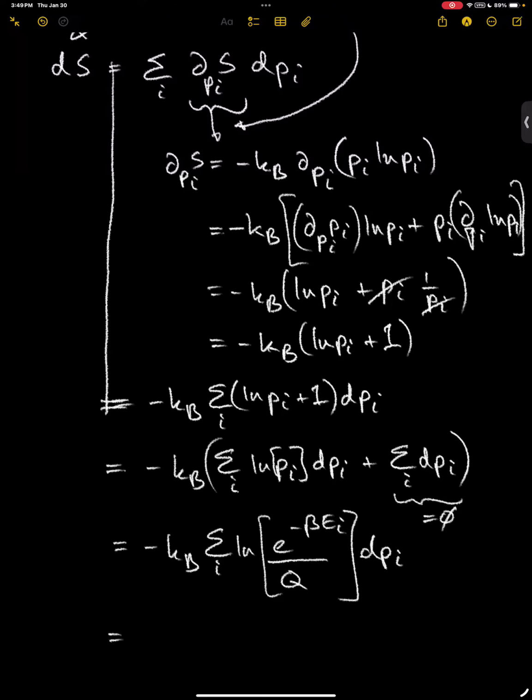Now again, I can use my logarithm rules. So I have minus beta Ej here, the logarithm of the exponential gives me just the exponent, minus logarithm q.